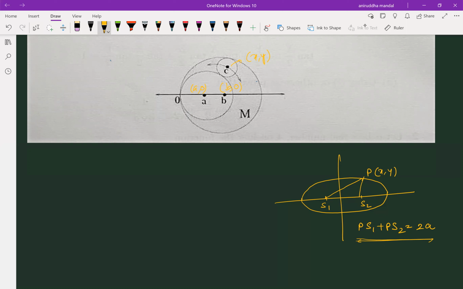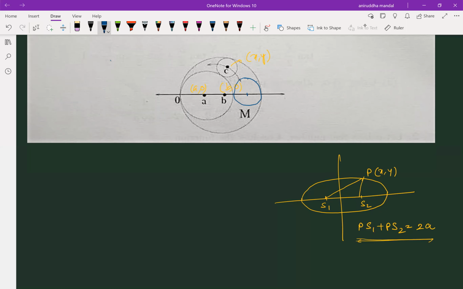Now let's see. This circle is moving. At some point, at some time, this will come to this point.